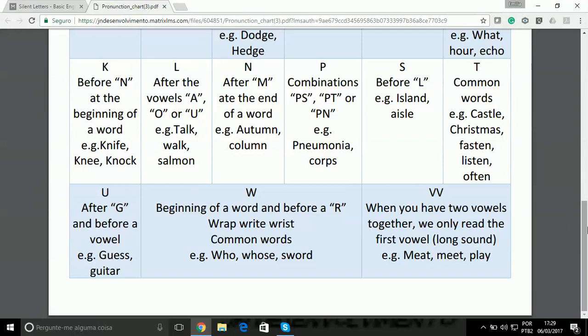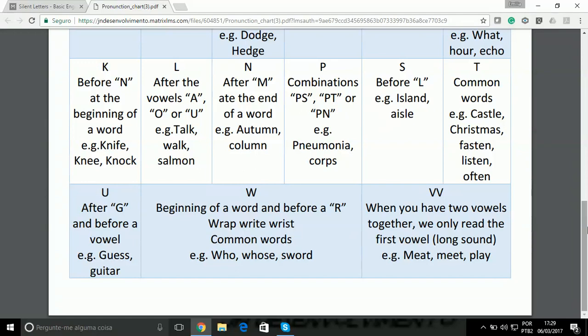These are words where we don't read the U. The W, we never read the W when it comes before the R. So wrap, write, wrist. And in some common words, again with the H in some cases. In this case, we don't read the W, but we read the H. So who, whose, sword.